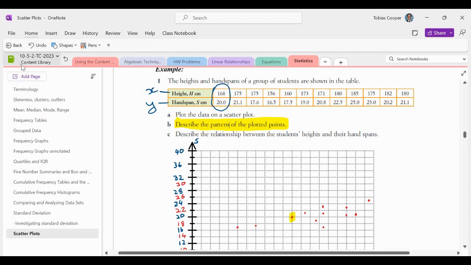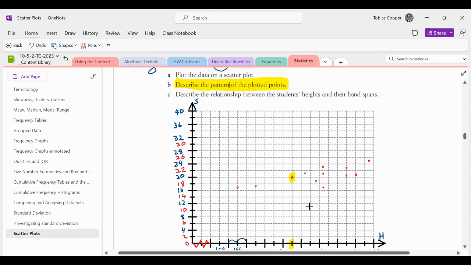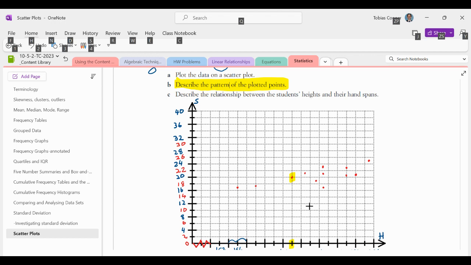Let's maybe start from the first point there. Try to get roughly half above and half below, maybe about there. There's a bit of a guesstimation there, but that'll do. You can see basically it follows a linear pattern. So I'm going to put linear there. Linear pattern.